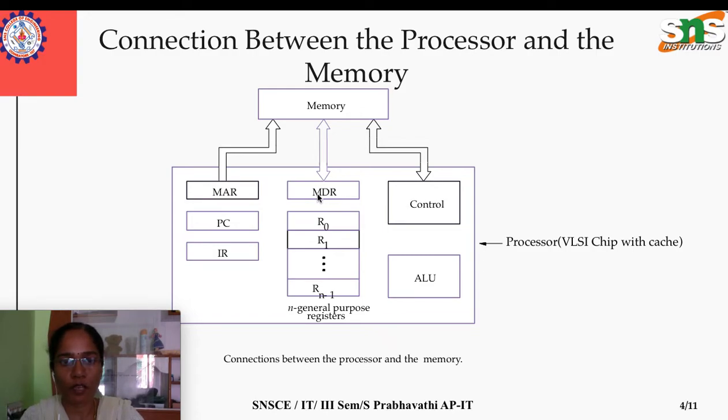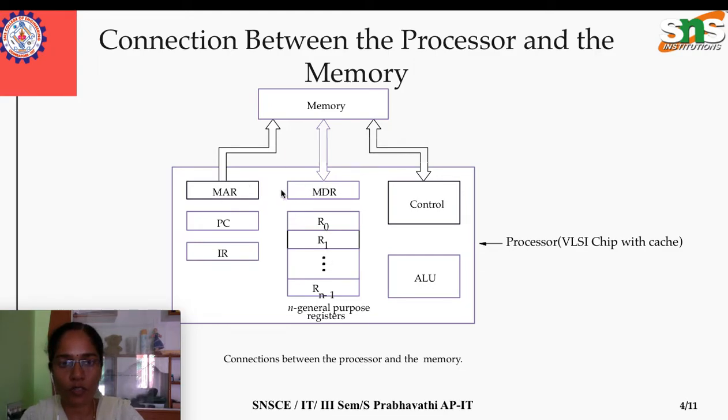These two are special registers, and they are the ones that communicate directly with the memory. The other registers inside the processor, like R1, R2, up to Rn-1, the PC and the IR, won't directly contact the memory.